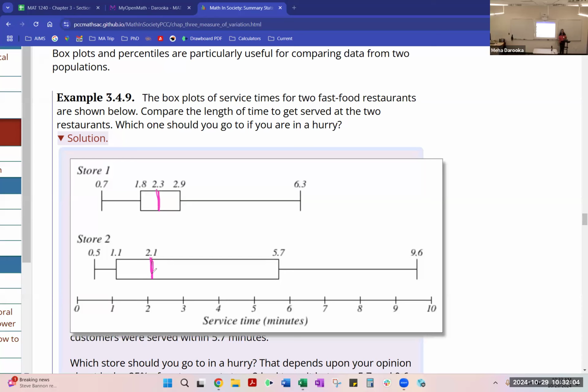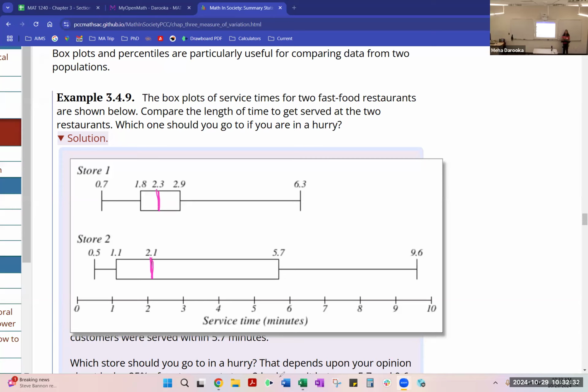The minimum time at store two is 0.5, which is a little bit quicker than store one. The median also happens to be 2.1, whereas store one was 2.3. But when we look at the upper half, we are seeing 9.6 compared to 6.3.